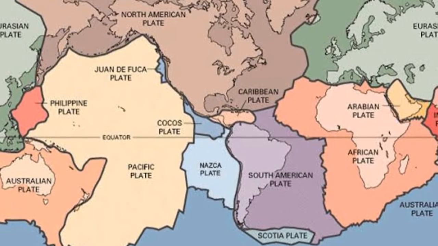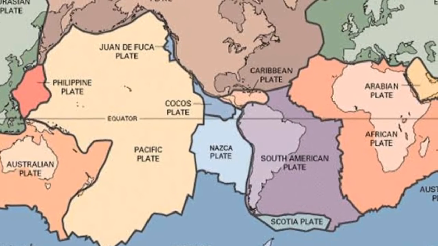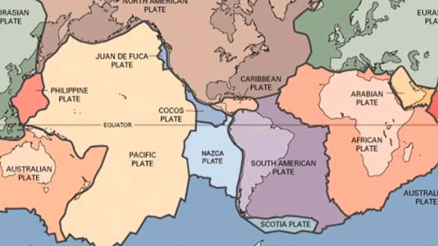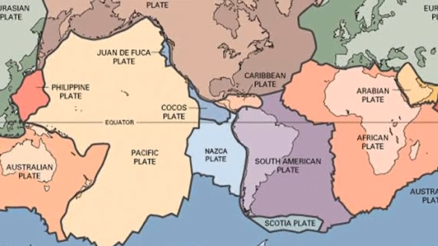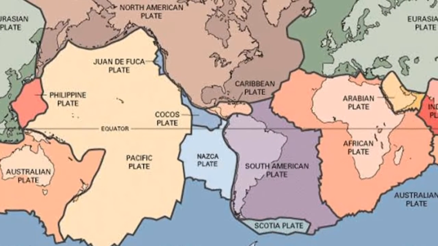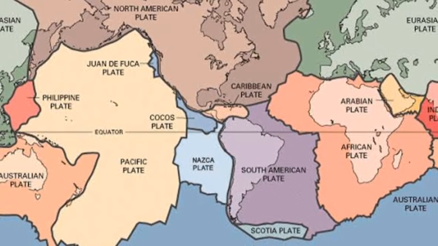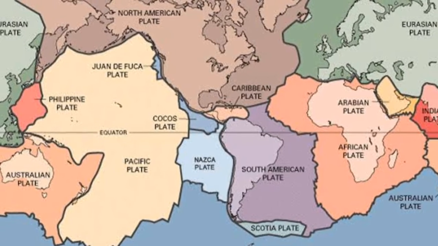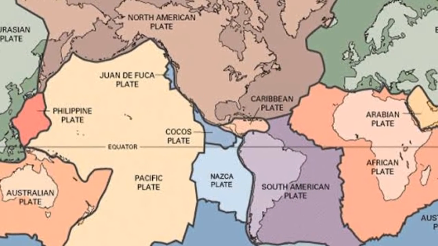As shown in this figure, there are 7 relatively large plates and a number of smaller ones, including the Philippine plate. The plates move very slowly but constantly, and this movement is called tectonics. Thus, the theory of moving lithospheric plates is called plate tectonics.